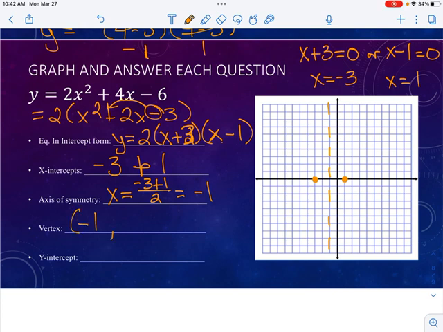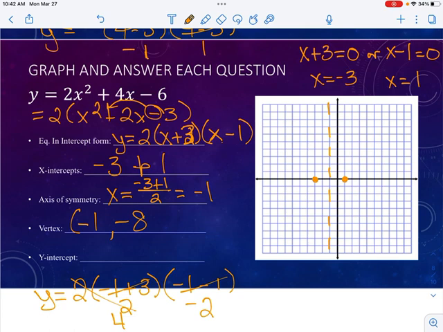Now we're going to plug in the negative 1. So I have y equals 2 times negative 1 plus 3 times negative 1 minus 1. Negative 1 plus 3 is a 2. Negative 1 minus 1 is a negative 2. So 2 times 2 gives me a 4. 4 times negative 2, that's going to get me negative 8.